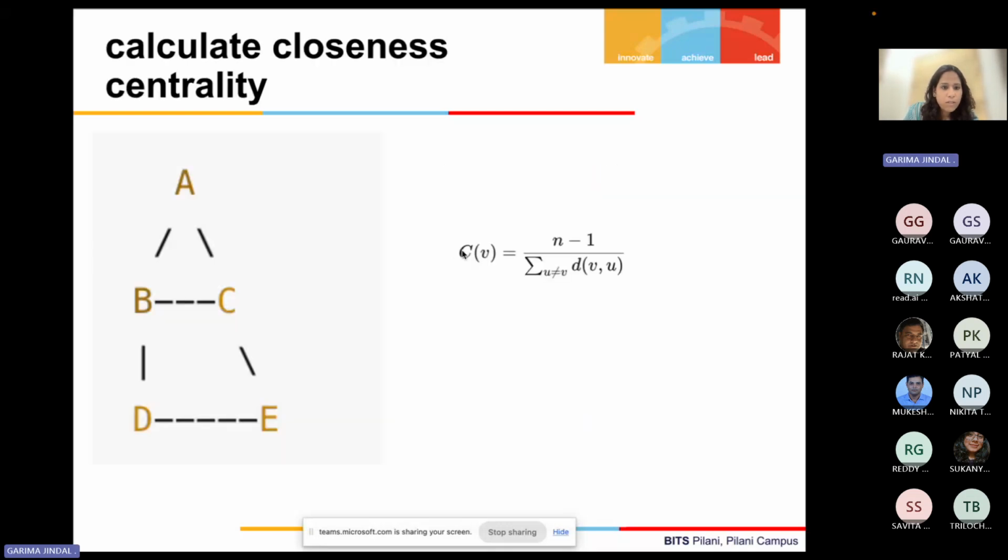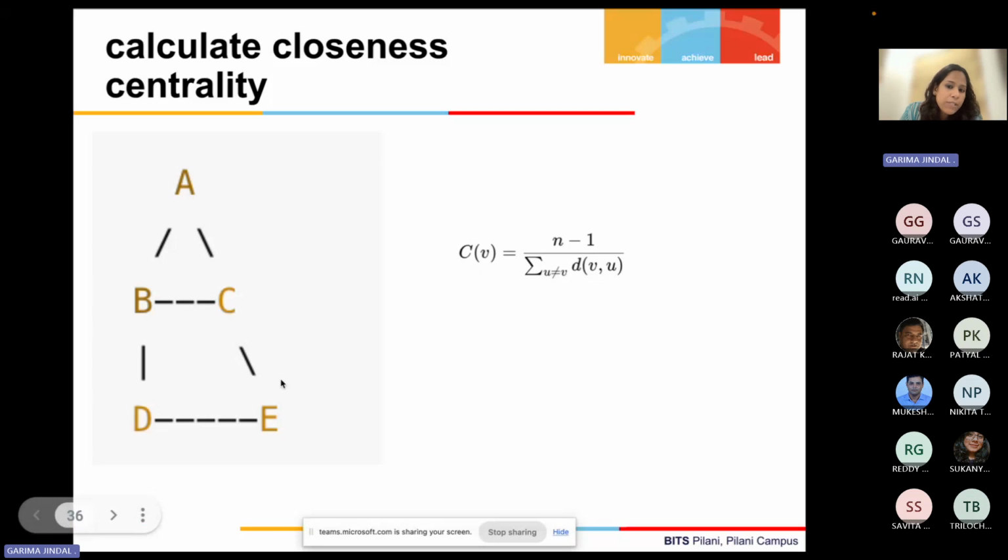So now let us suppose we have this particular network. I want you to calculate the closeness centrality for node A. In order to calculate it, you need to identify the length of the shortest path from A to B, A to C, A to D, and A to E. Once you calculate all that, you will divide it by 4, that is n minus 1, where n is the total number of nodes we have here.